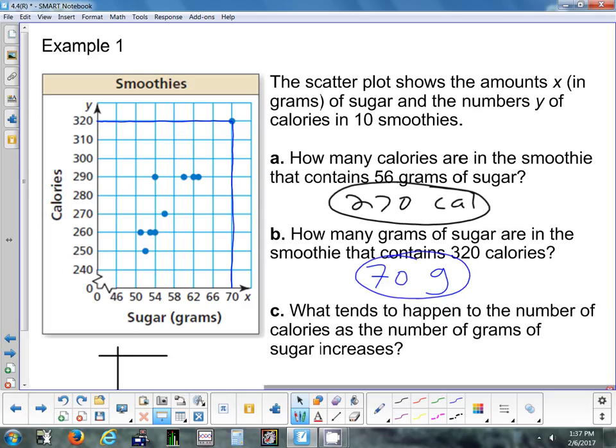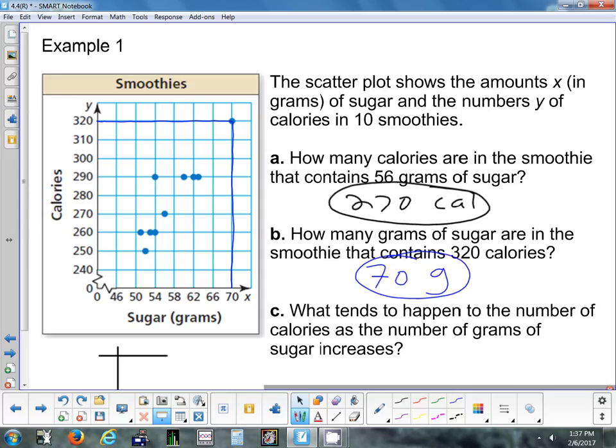All right, so now part C, this is the question that's kind of getting at the big idea. It says, what tends to happen to the number of calories as the number of grams of sugar increases? So now you're trying to look for a pattern. Okay, what tends to happen to the number of calories as the grams of sugar increases?